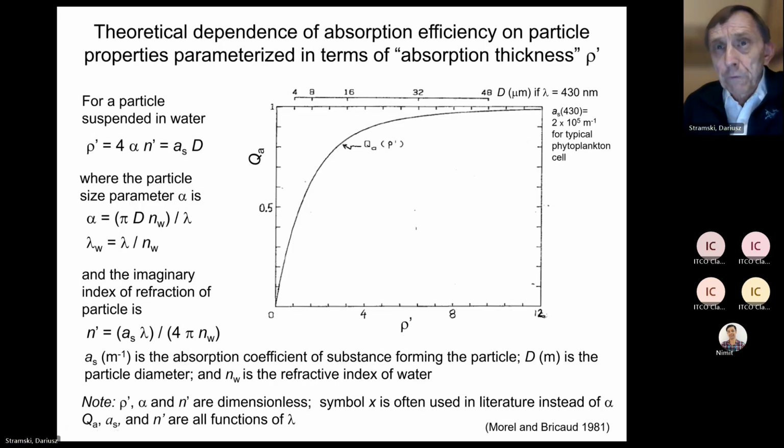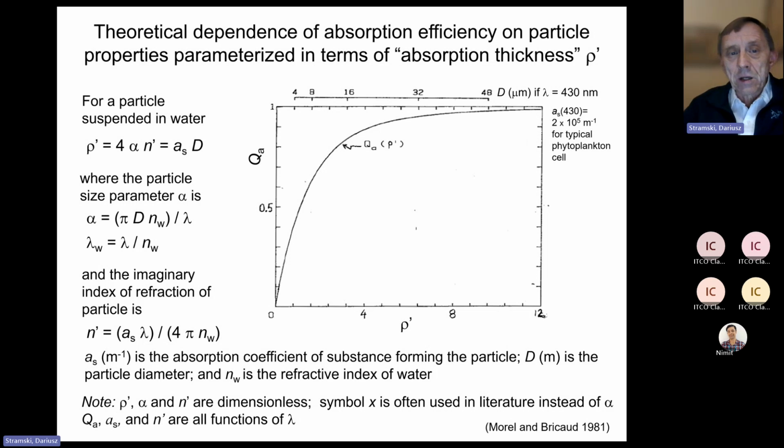So for spherical and homogeneous particles, it is possible to calculate exactly the efficiency factor for absorption, and you can use the Mie theory, which I've discussed, which is an exact solution to the electromagnetic problem for spherical homogeneous particles. Homogeneous means that chemically the particle is uniform in terms of its interior.